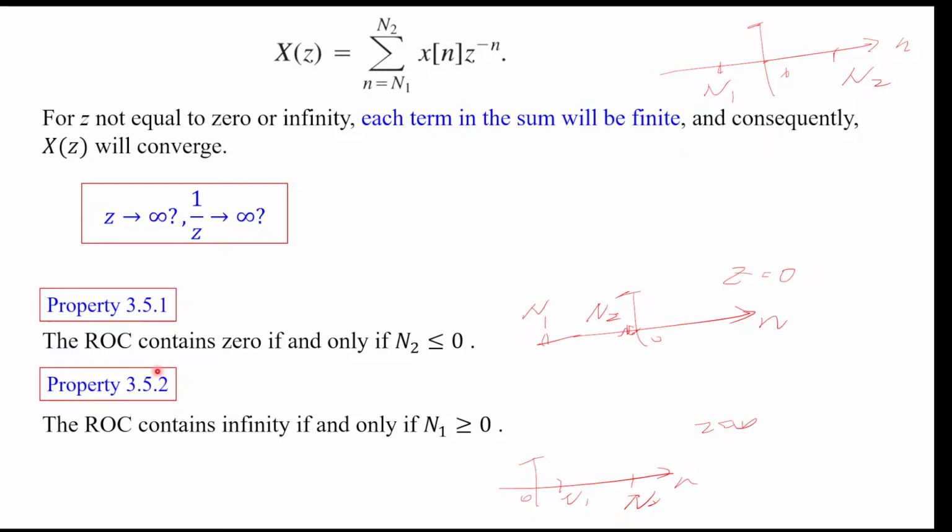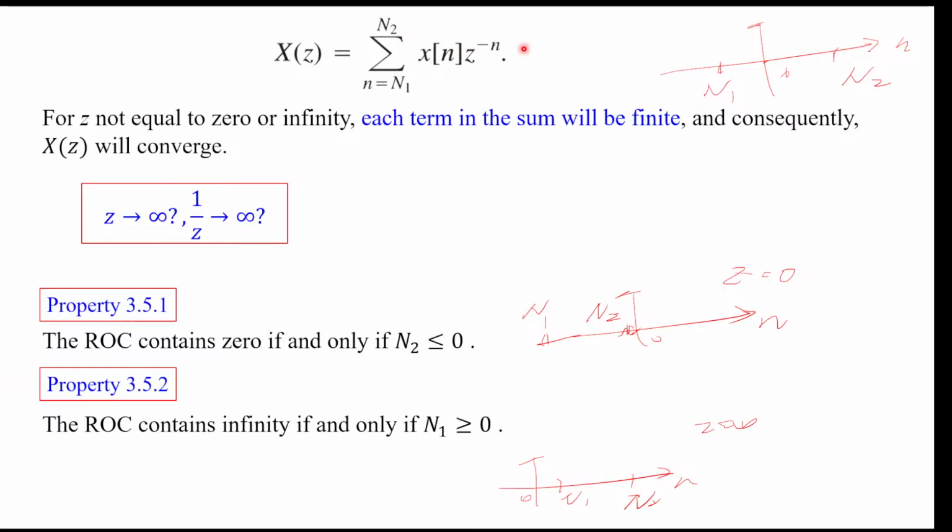That means that if you want your ROC to contain 0, where 0 means 1 over z goes to infinity, then this summation cannot have a negative power of z. That only happens when your summation range, look at this, your n2 should be less than or equal to 0.